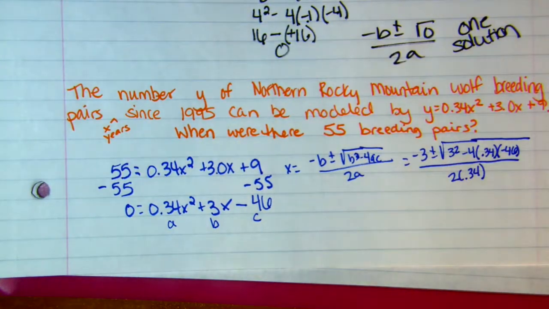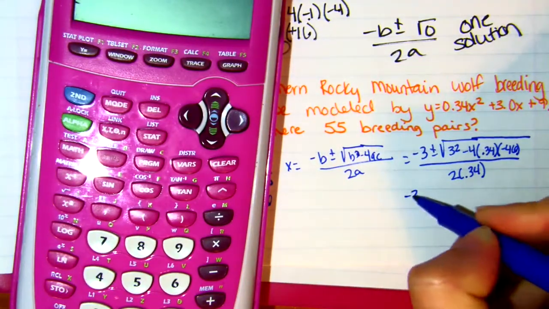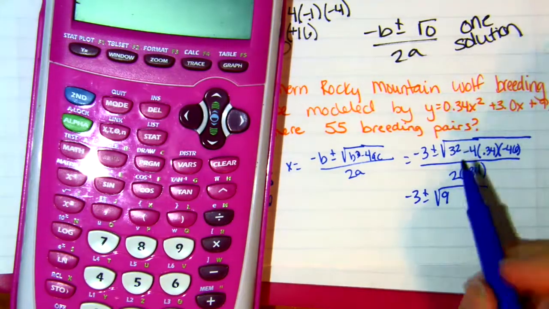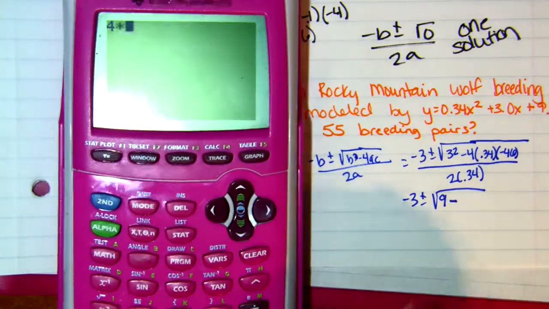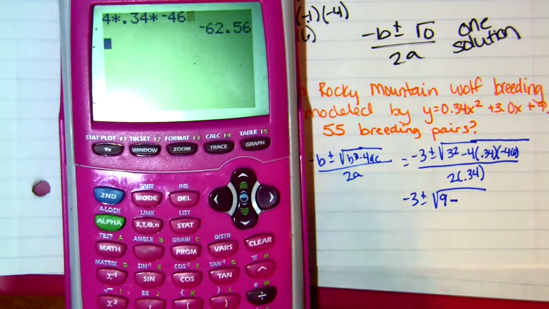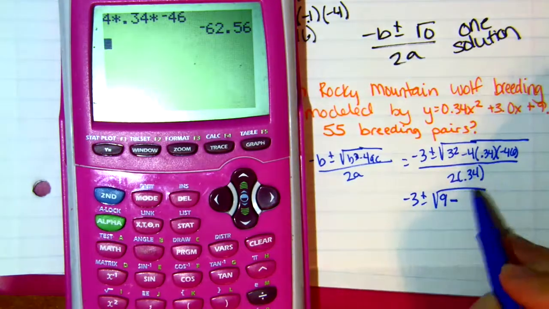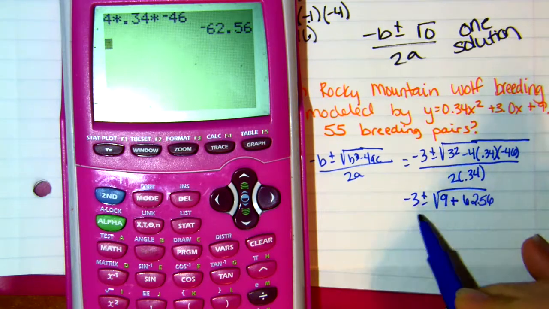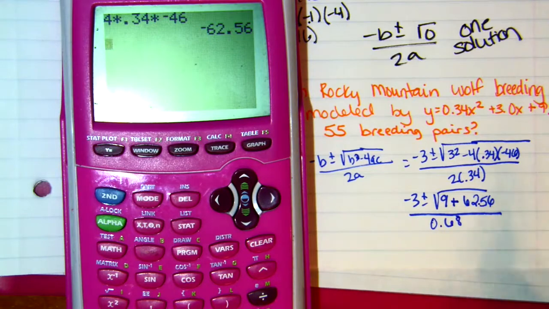And here's where I'm probably going to want to get my calculator out, because I'll have negative 3 plus or minus square root of 9 minus 4 times 34/100 times negative 46. So that's negative 62.56. I'm subtracting a negative 62.56, so that's actually going to be added, and that's all over 68/100.